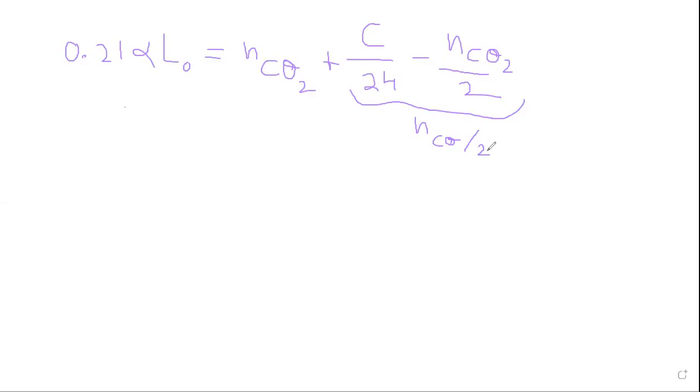And finally, I will do the same for NH2O. We said that we should do NH2O over 2. And NH2O can be written as H over 2 minus NH2. This is why when I divide by 2, I will get H over 4 minus NH2 over 2.